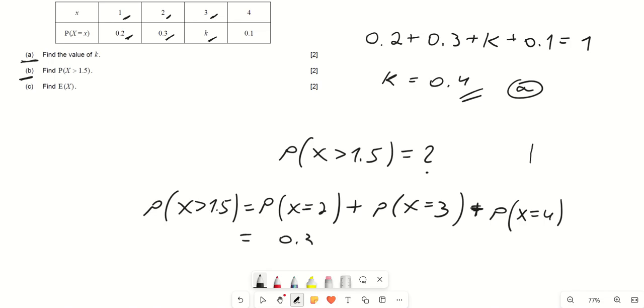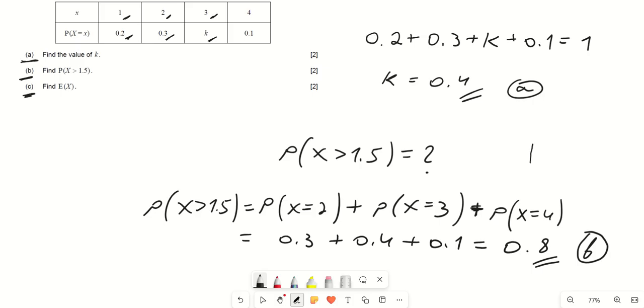Here this is 0.3, here it's k and the value is 0.4, and for an outcome of 4 the probability is 0.1, and we get 0.8. This is the answer for B.